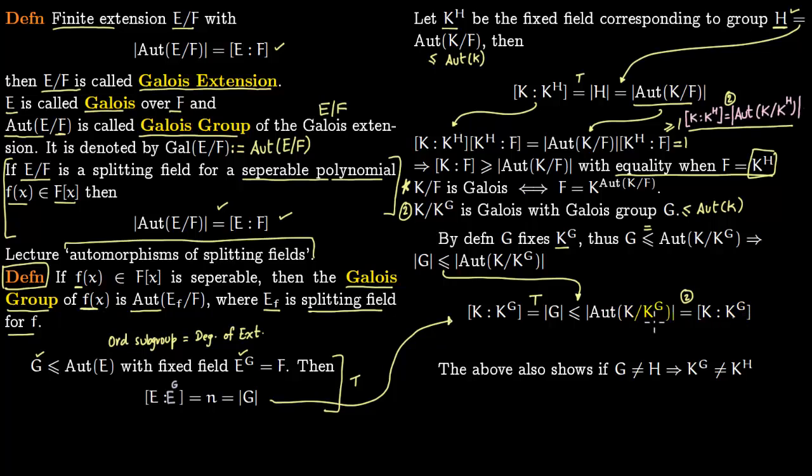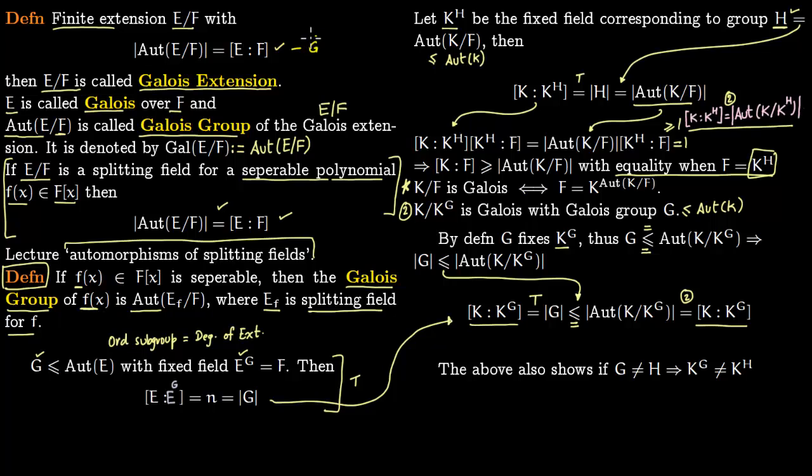So you get this. Now you see this is equal here, this is equal here. So this inequality therefore has to be an equality. So you have an equality here. And now you can see this Galois group is equal to this group of automorphisms of K which fix K^G. And this is the Galois condition also. So notice that this is precisely this condition here.